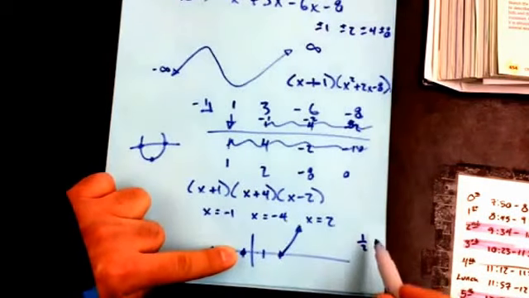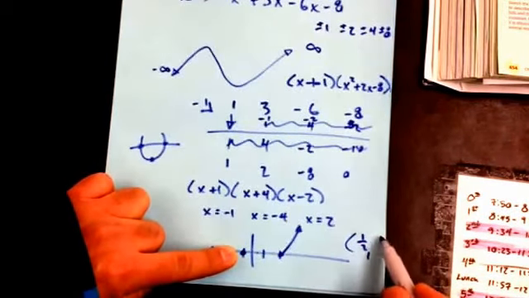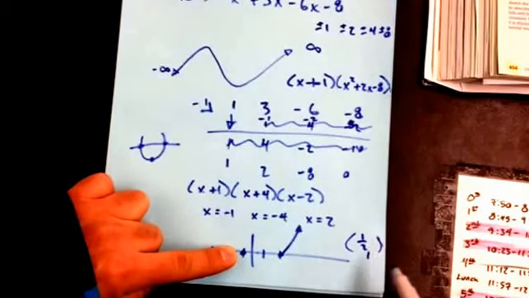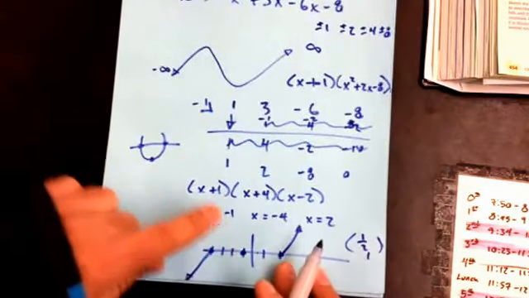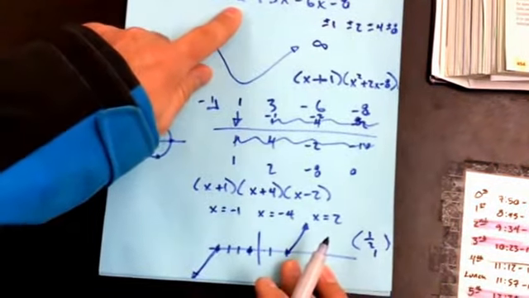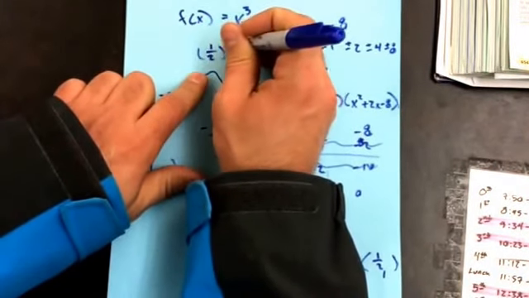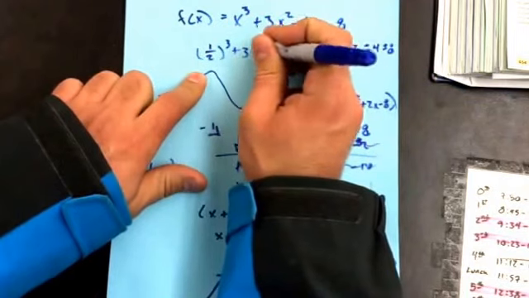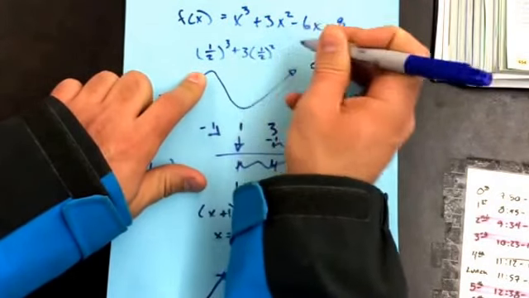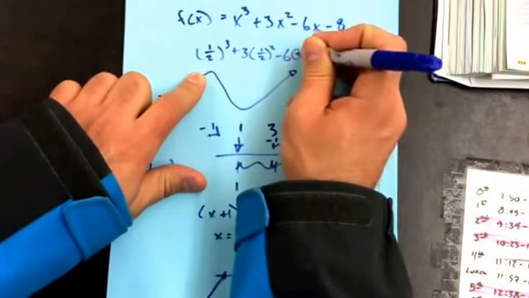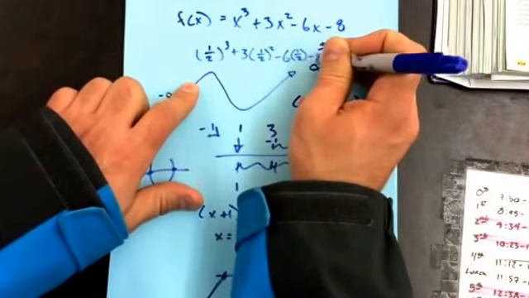I take the x value and I plug it into the equation. So this is going to give me a point. I'm going to take the x value and plug it into the original equation way up here. So 1/2 cubed plus 3 times 1/2 squared minus 6 times 1/2 minus 8.